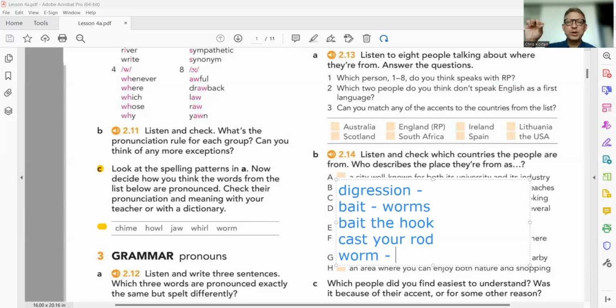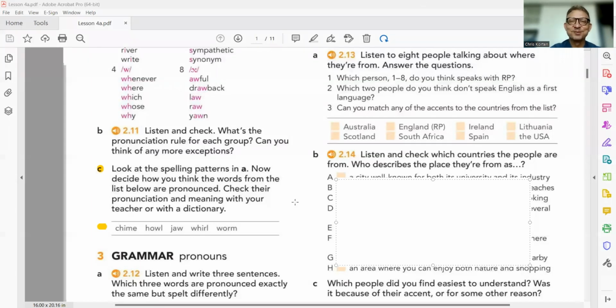But in general, if you worm your way into the conversation, you somehow get into it. You think of a worm as it moves. And that can be used in informal language. Not completely negative, but not generally positive either.